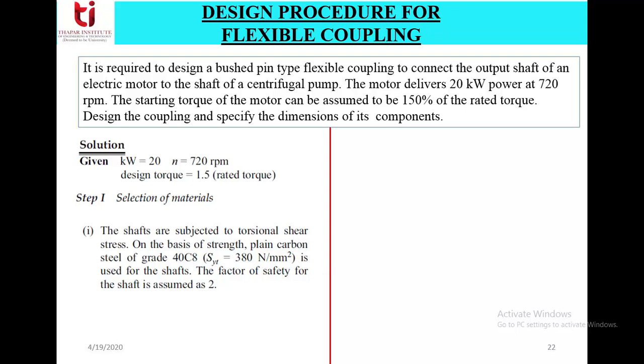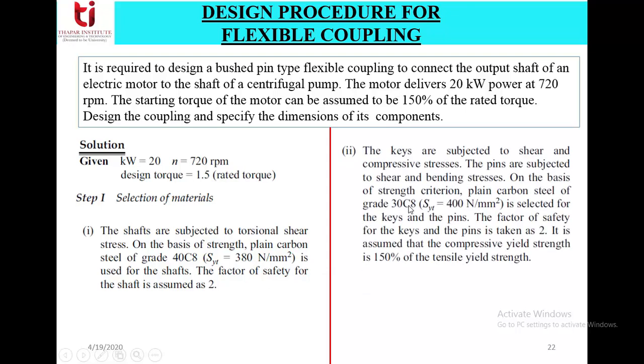Let us say that we are dealing with plain carbon steel 40C8. You can definitely go with any other material, but it must be a ductile material as far as applications are considered. Plain carbon steel 40C8 having a tensile strength of 380 megapascal is used for the shaft, and let us assume the factor of safety as 2.